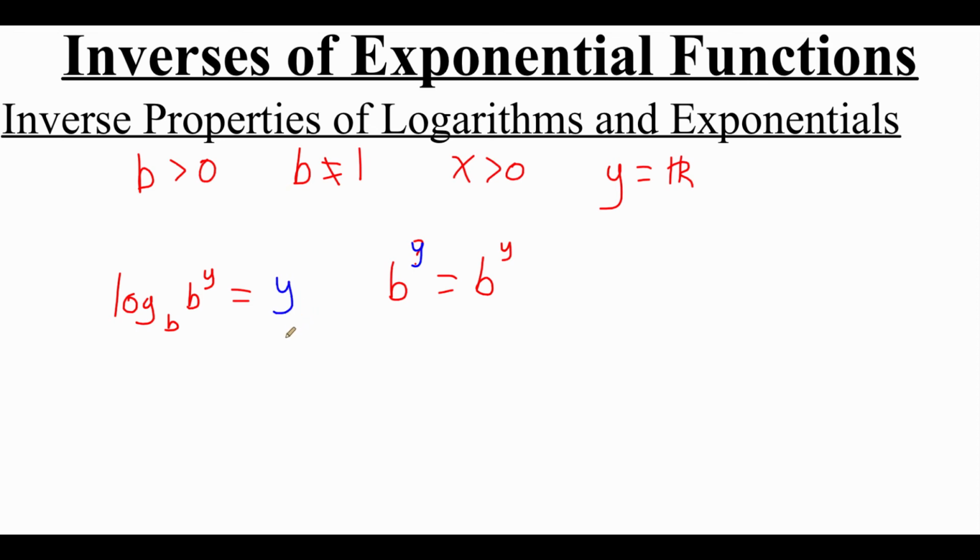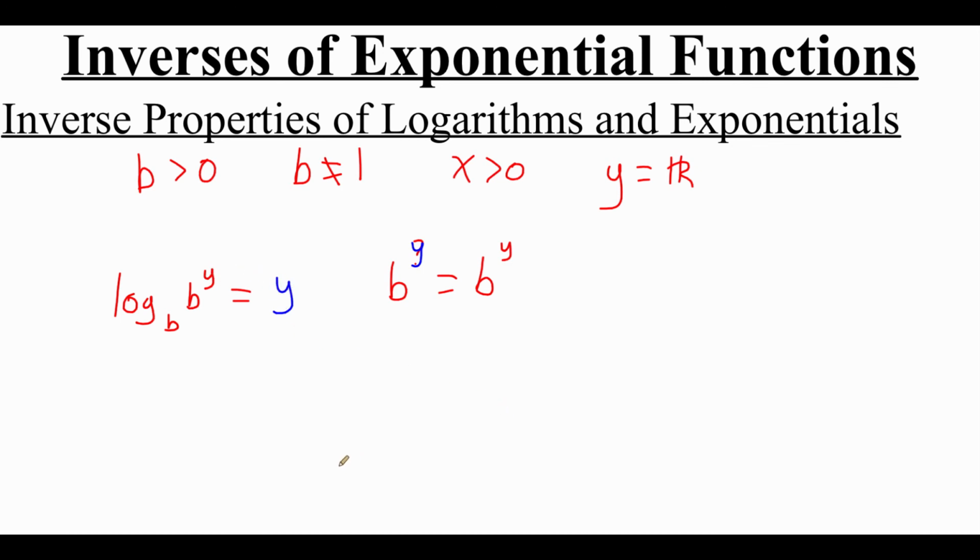And the reason is because logarithms and exponentials are inverses of each other. Just like addition and subtraction are inverses of each other, they undo each other. So when we look at log base b of b to the y, we can think about this log base b canceling out with this exponential base b and just leaving us with this y value as the answer.